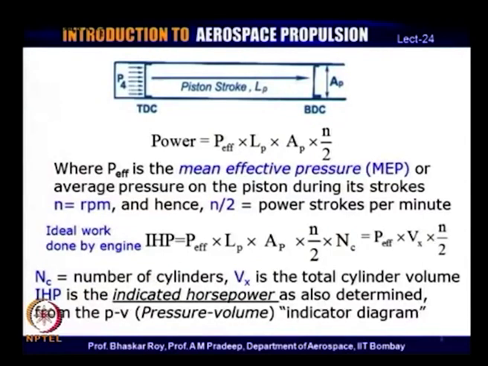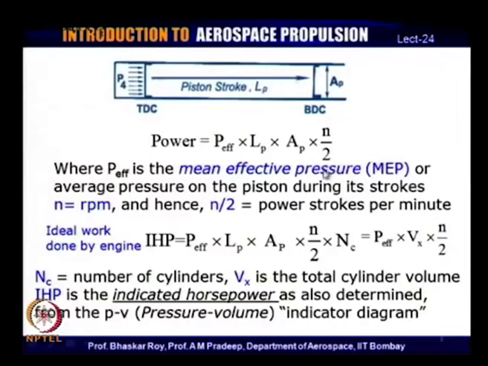So, the pressure has some restriction, otherwise the whole piston cylinder would have to be built like a pressure vessel. With all these restrictions put together, the aircraft engine needs to be designed.